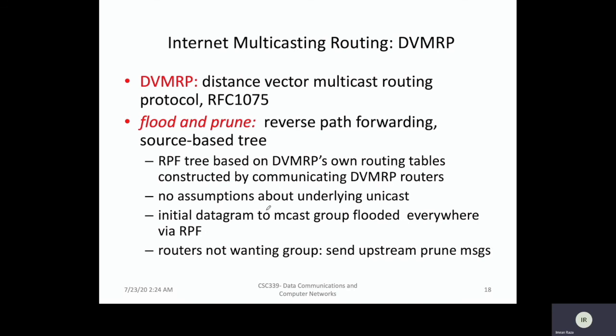Let's talk about multicast routing protocols. So first we'll discuss the Distance Vector Multicast Routing Protocol. As you can see, that is based on the distance vector, and these details are given in RFC 1075. It uses prune and flood messages to make a source-based tree.